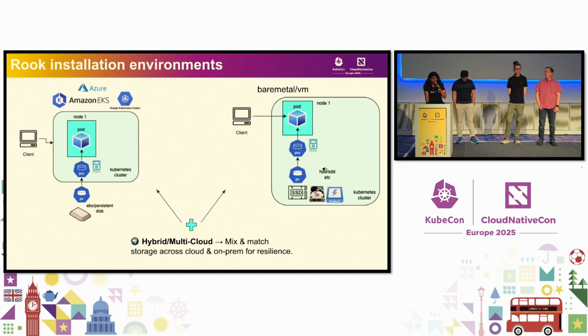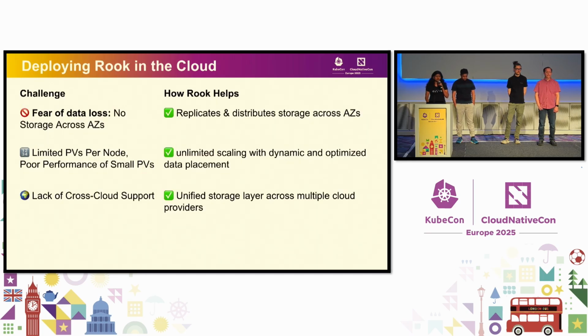Looking at the advantages of deploying Rook in a cloud environment, the challenge people generally face is that they fear data loss as there are no availability zones. Rook replicates and distributes storage data across AZs for you. There can be limitations on persistent volumes per node in some cloud providers, or there could be poor performance of small PVs.